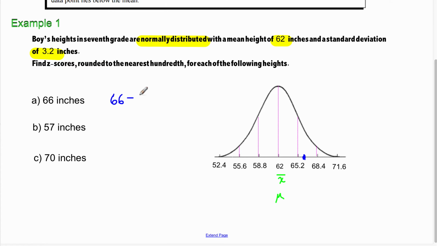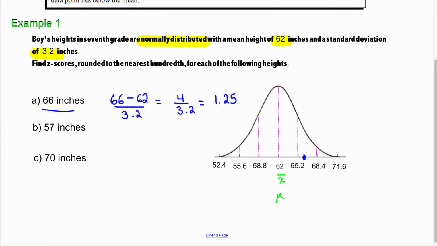We subtract the average, 4, and then we divide it by 3.2, because that's the standard deviation. 4 divided by 3.2, I believe it's 1.25. Quick check on my calculator, and it is. So this kid who is 66 inches is a full standard deviation and a quarter more above average.